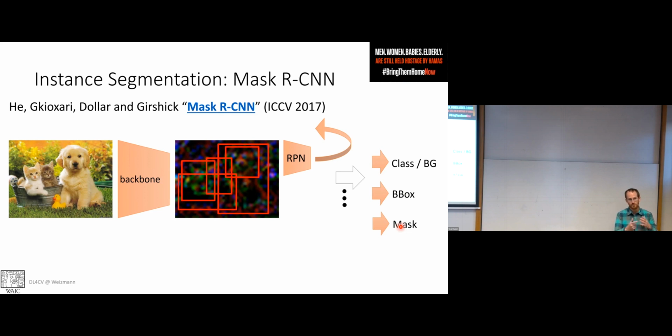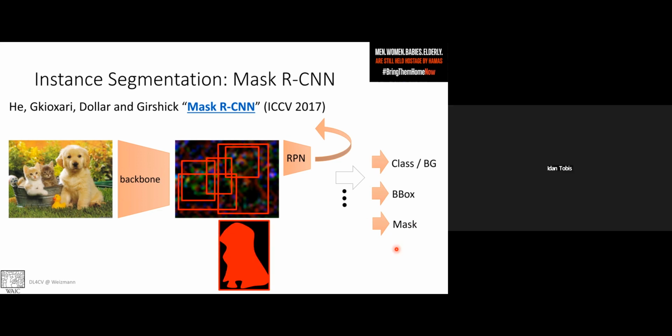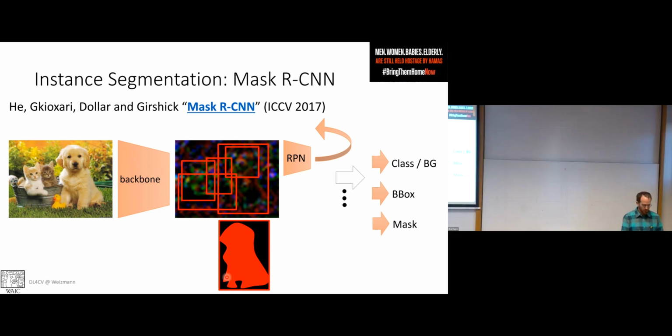We can take whatever network you want, a small UNet or whatever, and it already has these rich features. So we can apply a very small network to predict the mask here. And the output would be, for each bounding box, the mask for that specific instance.